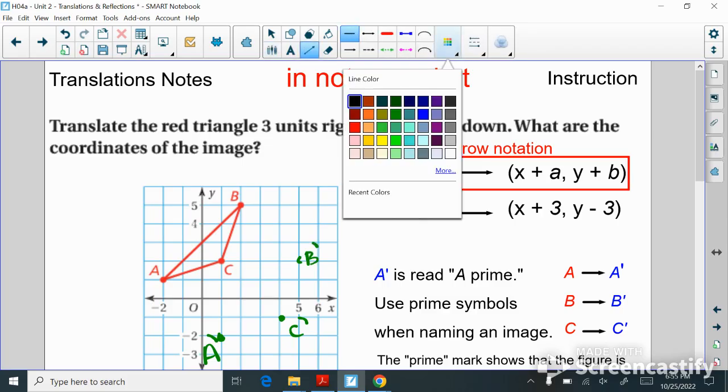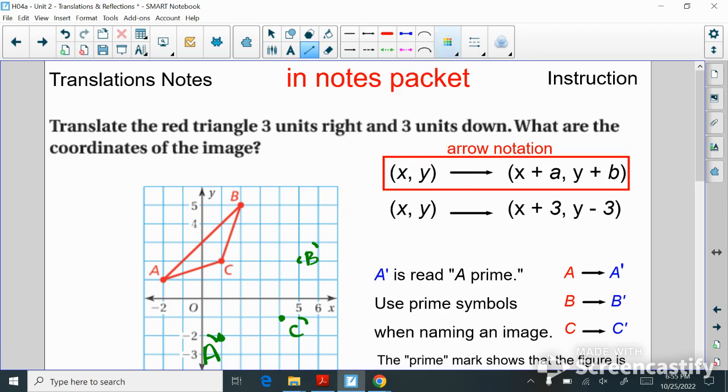I can now go and connect these to form my triangle. And you can see that that's the same size, same shape. I just slid the triangle from the left over 3 units to the right and 3 units down.